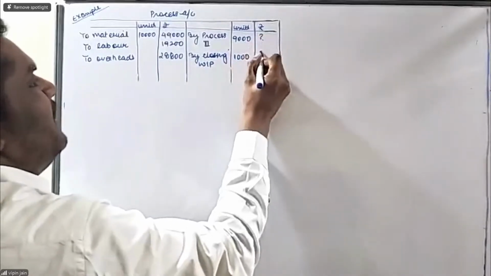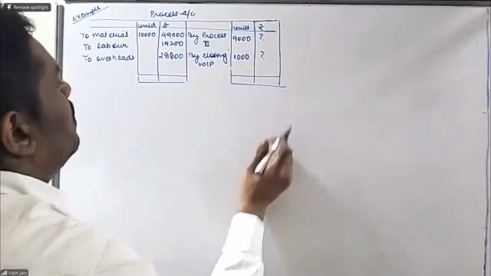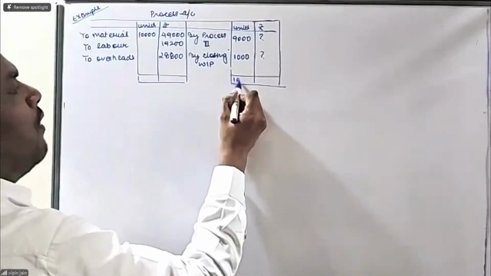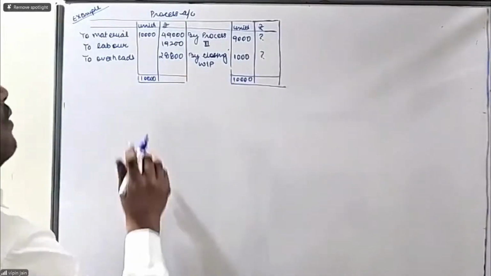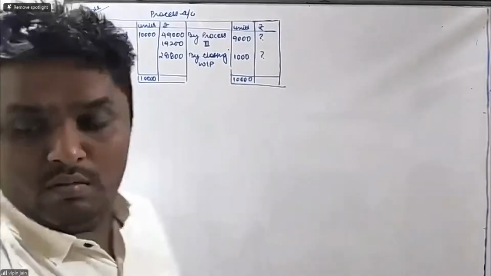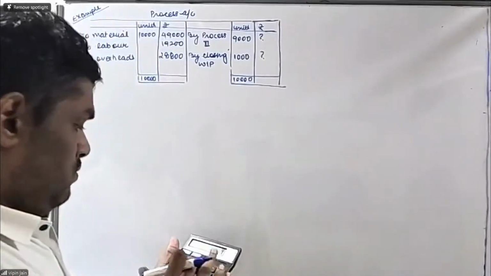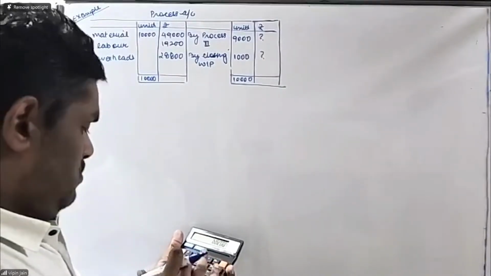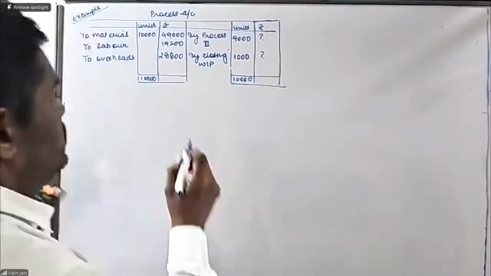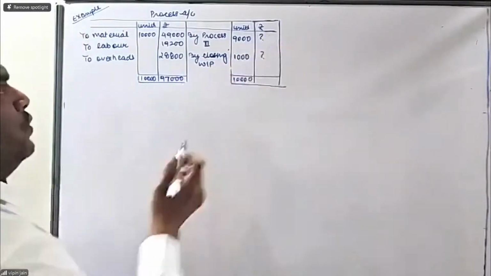So ultimately we have to calculate the value of these two. So ultimately we have to distribute these 97,000 among these two.